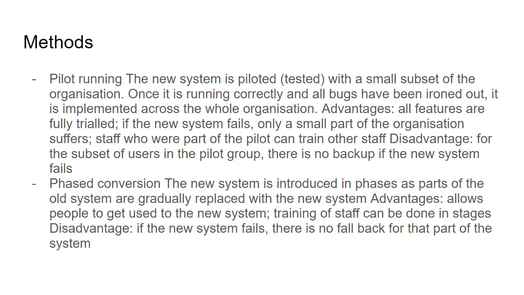Once the pilot running is successful, it can be implemented throughout the whole organization. The advantage is, if the new system fails, only a few people will be affected. Most of the organization will not have any effect. Obviously, for the small group using the new system, there is no fallback.